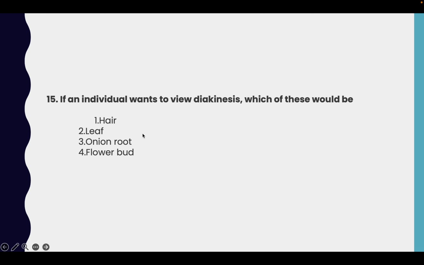Onion root is used for mitosis, so it does not show diakinesis. Any meiosis stage you want to see would be in the floral bud, and any mitotic phase would be in the onion root. Okay, so option 4.